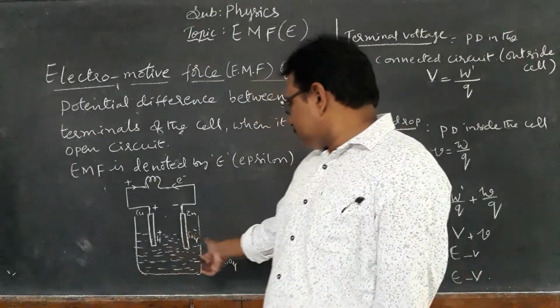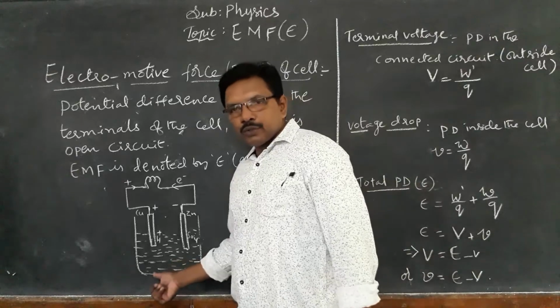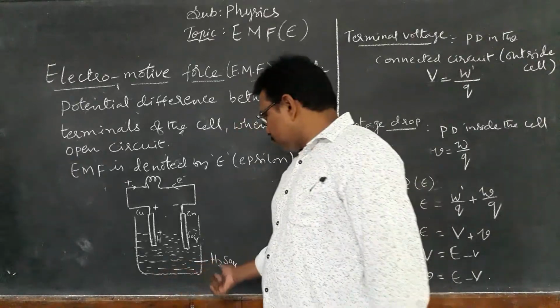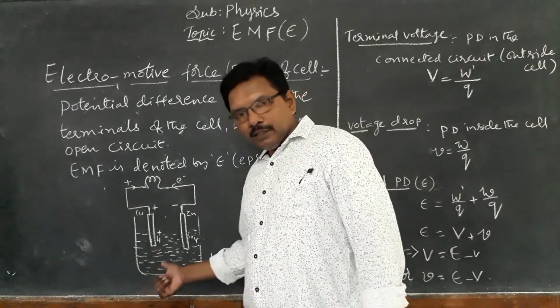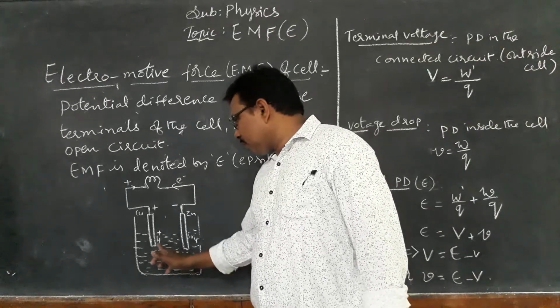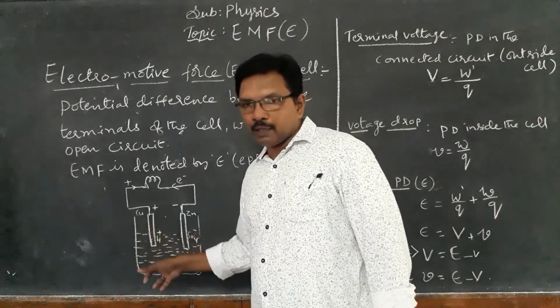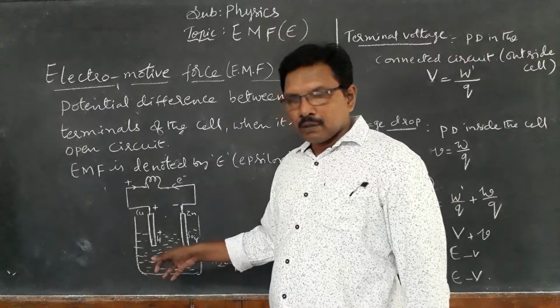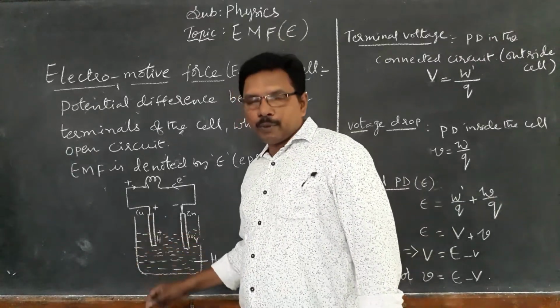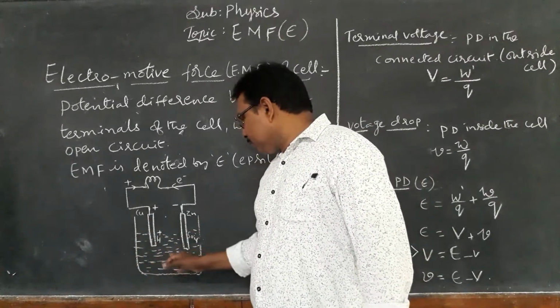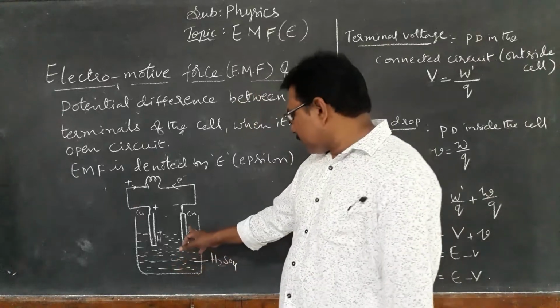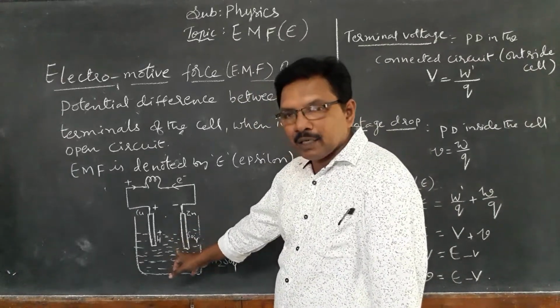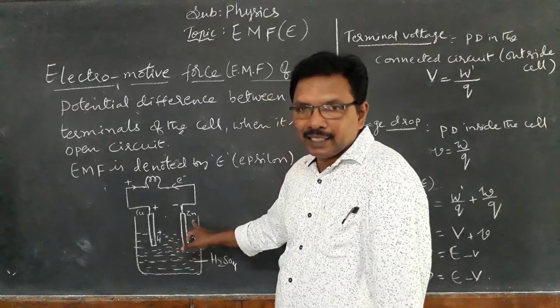Now whenever the electrolyte decomposes into positive ions and negative ions, the positive ions accumulate on one terminal. Here one terminal is a copper terminal, and negative ions accumulate on another terminal, that is zinc.